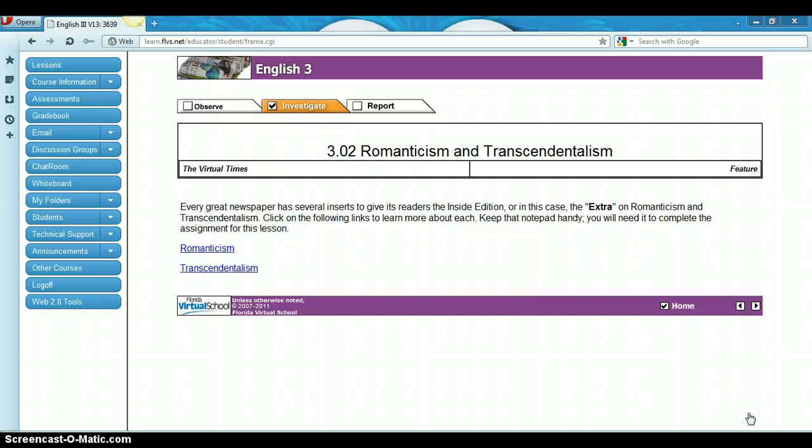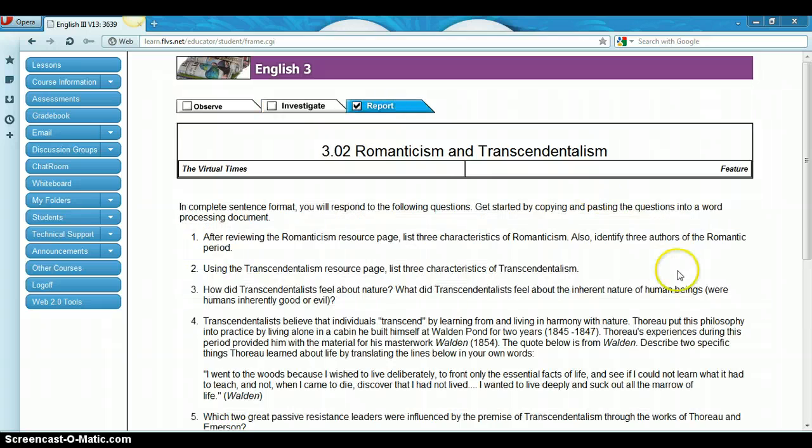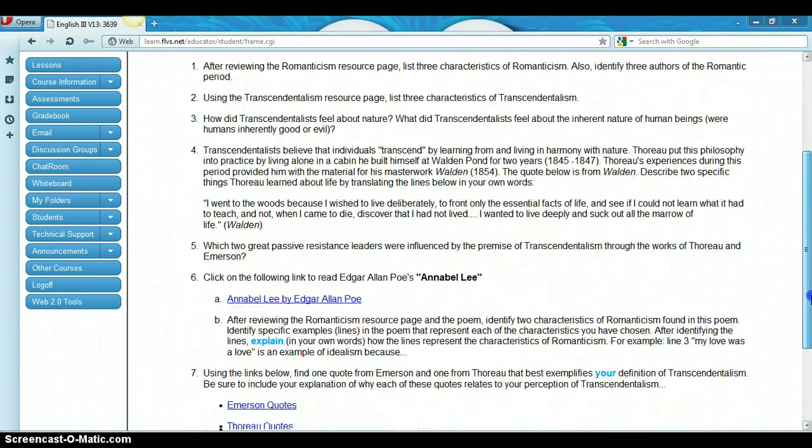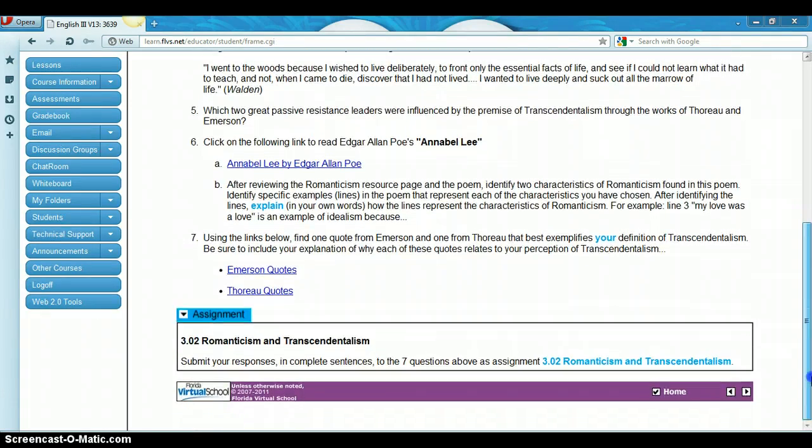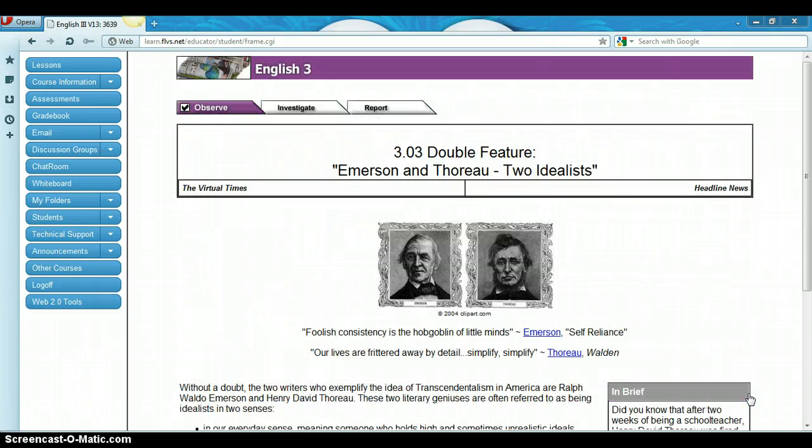If you're a person who likes quotes, and you probably see a lot of them on different social media sites, this lesson deals with that, and there are some great quotes in here. And if you like Edgar Allan Poe, there's a poem by him in this lesson as well. So there are some good things you can read in here, and you do not have to complete this work.